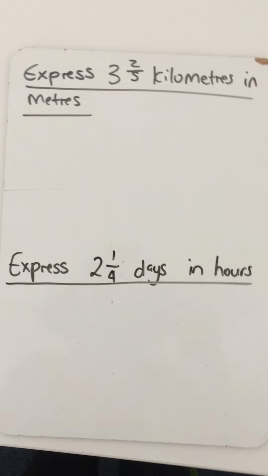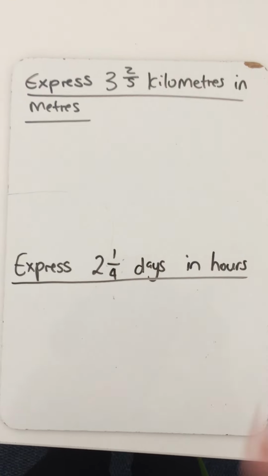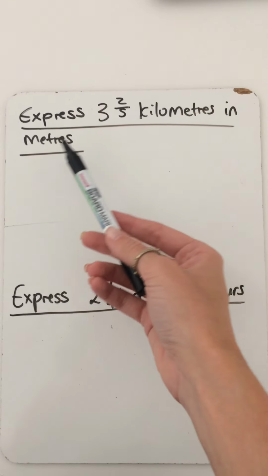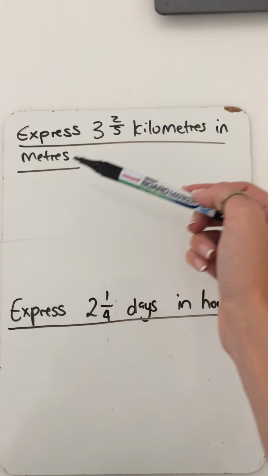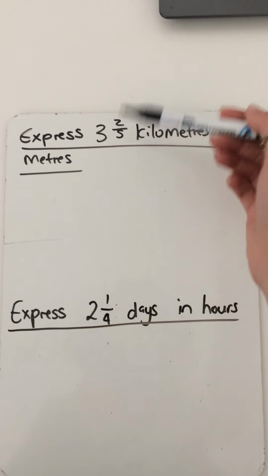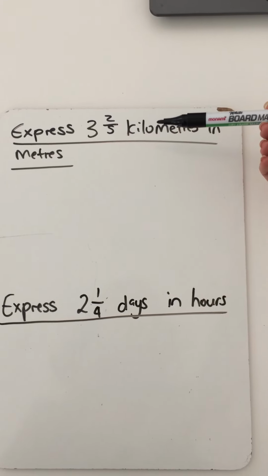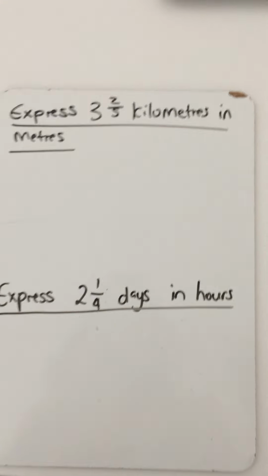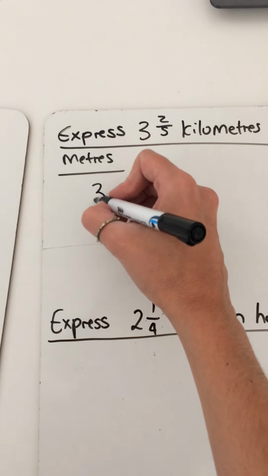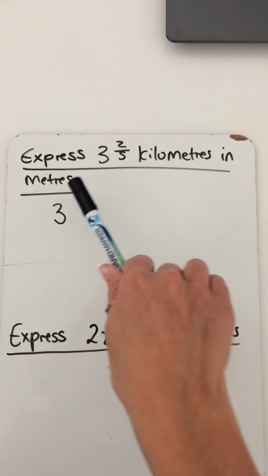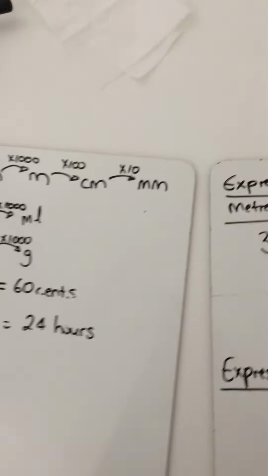So if you are asked questions like this in class or in your assessment, it will be presented as follows. Express 3 and 2/5 kilometers in meters. So we have 3 wholes and 2/5 of a kilometer, and we need to express this now in meters. The first thing you do is take your whole number, which is 3, and ask yourself, how many meters are there inside a kilometer?